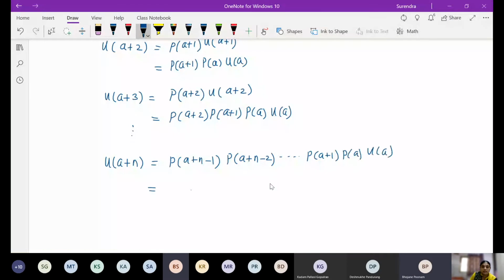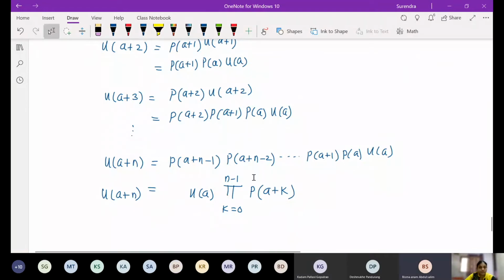So this I can write as u at a times the product for k equal to 0 to n minus 1 of p at a plus k. Can I write like this? Is that okay? Yes, ma'am.